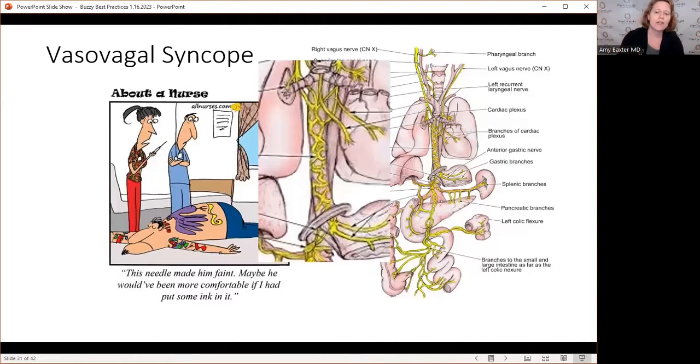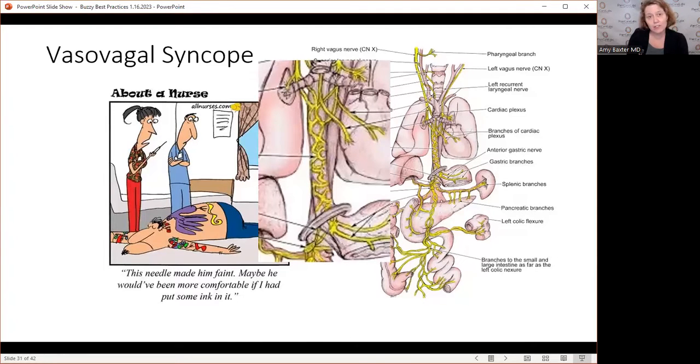So if you look at the way that the veins are, they're covered in this vagal nerve. And so if you penetrate them, you're more likely to have fainting. Buzzy proximal is going to be putting a very high frequency sympathetic stimulus that counteracts this. So many people will use Buzzy just to not faint, whether it's for an IM or an IV, rather than because they're afraid or because of the pain.